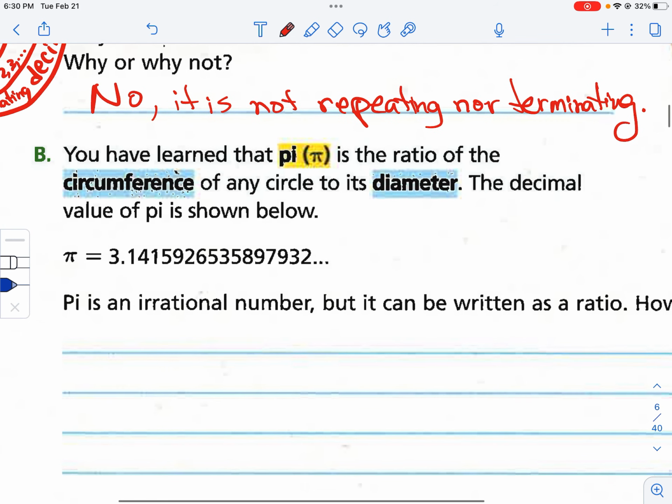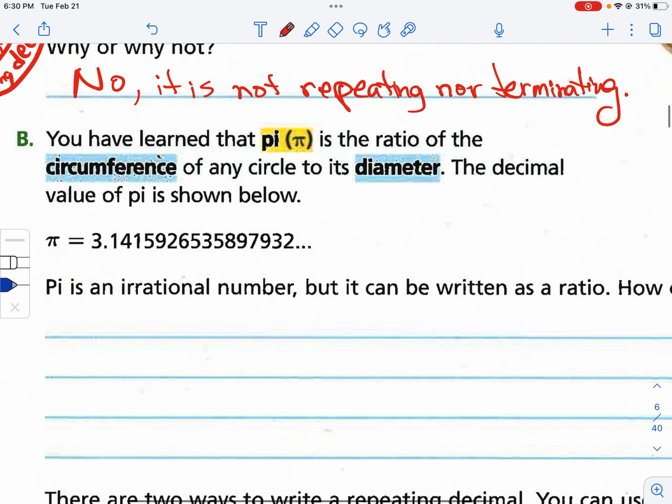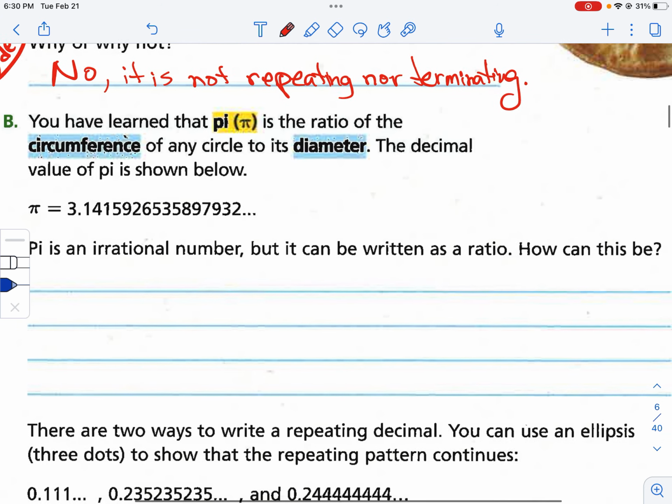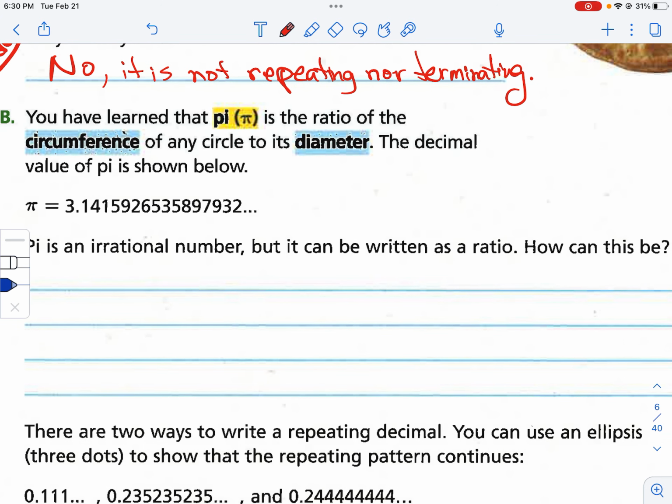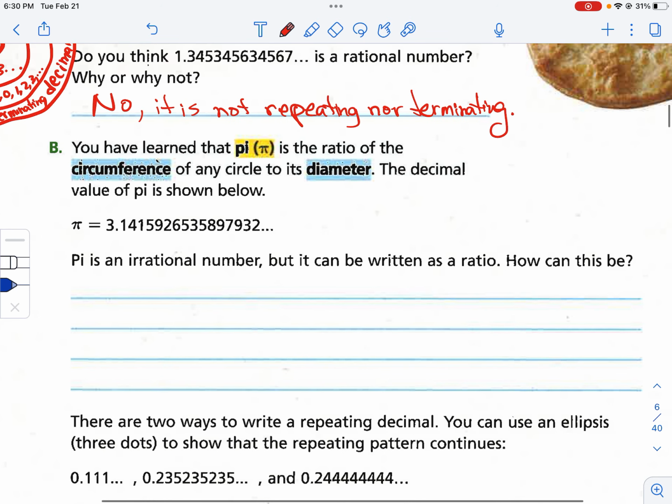If you have learned that pi is the ratio of the circumference of any circle to its diameter. The decimal value for pi is shown below. Okay, notice how it doesn't repeat. Pi is an irrational number, but can be written as a ratio. How can this be?